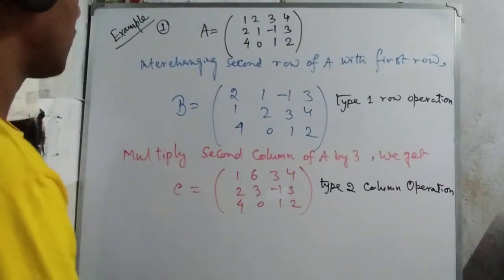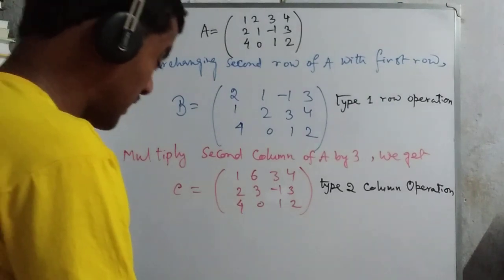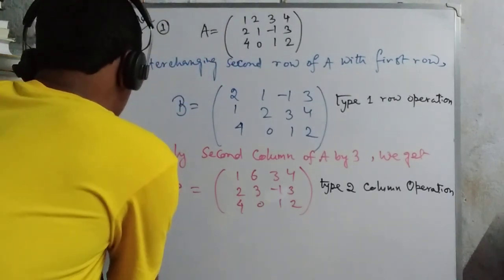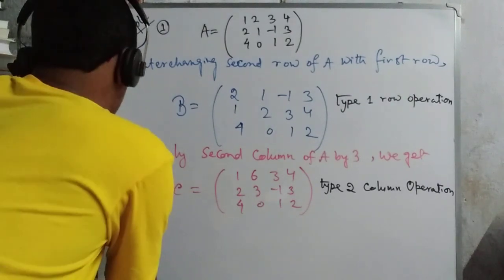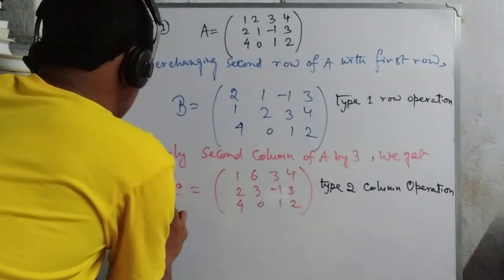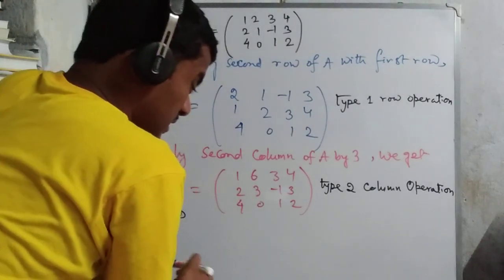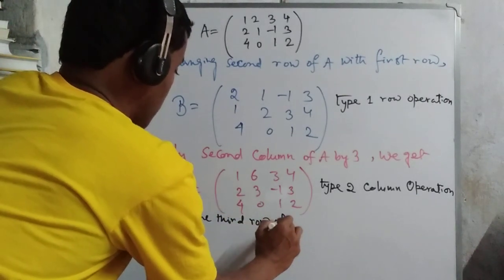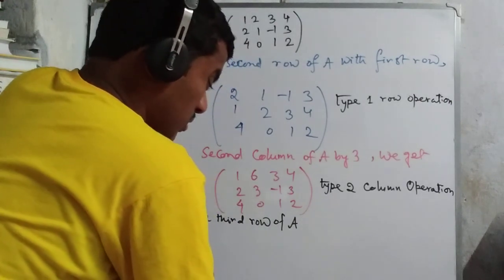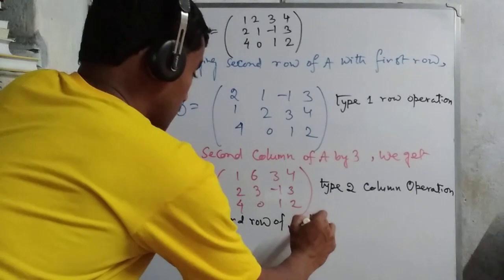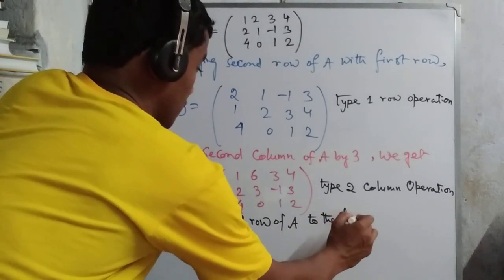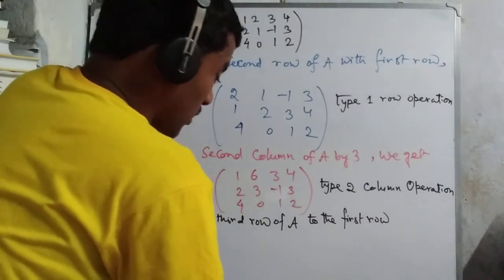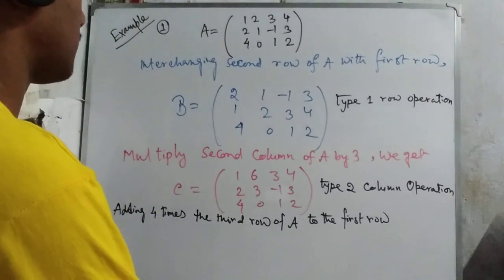Next we write it in this way: adding 4 times the third row of A to the first row is an example of an elementary row operation of type 3.